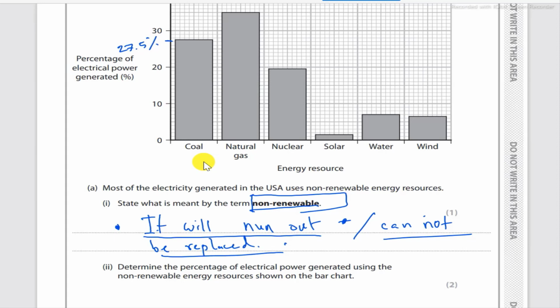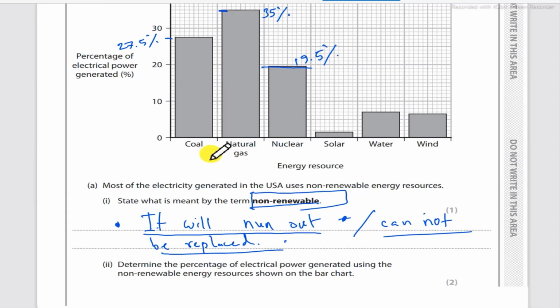Natural gas is a non-renewable energy. It is about 35%. Nuclear energy is a non-renewable energy. It is about 19.5%. Solar, water, wind are renewable energy.